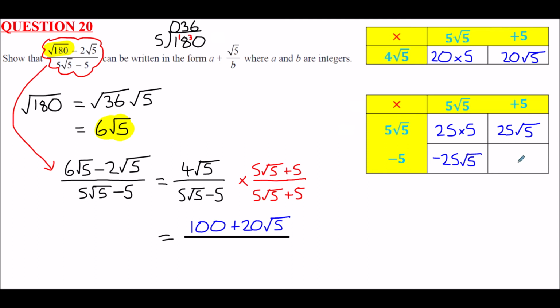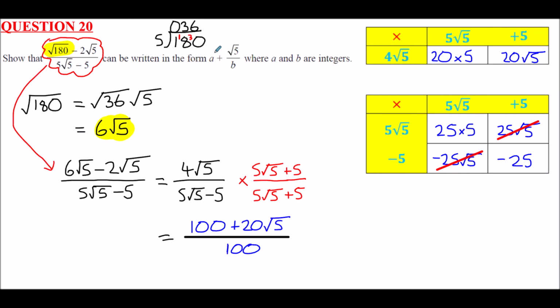Finally at the bottom, 5 times minus 5, a positive times a negative makes it a negative overall, so that gives us minus 25. And as you can see here, positive 25 root 5 will cancel with minus 25 root 5. Those two knock each other out. So what we're going to have here is 25 times 5, which is 125, minus 25, which just gives us 100.